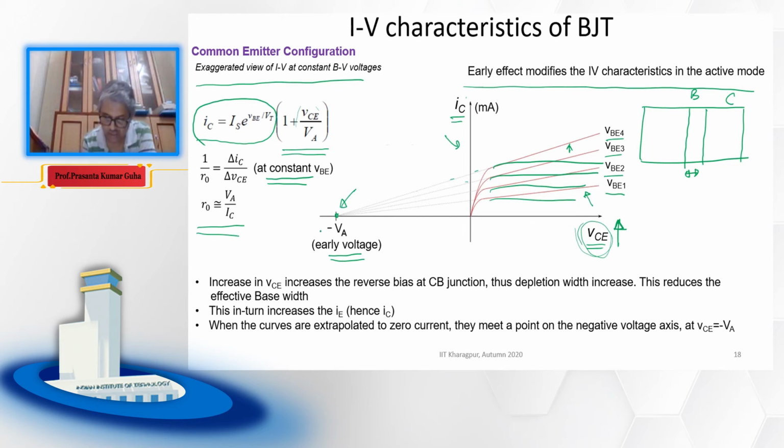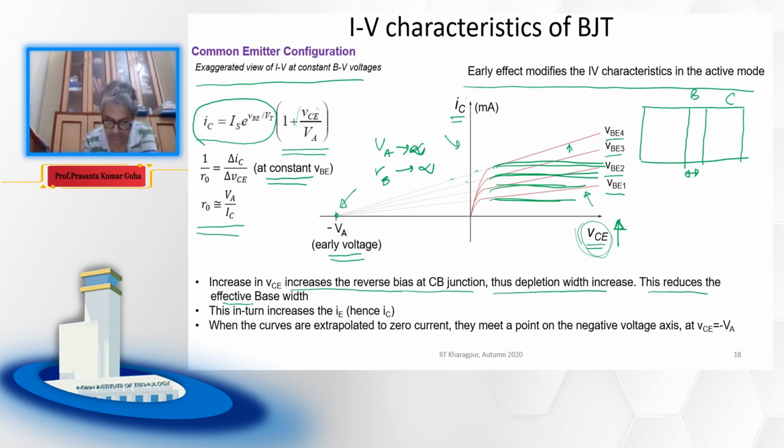And if we consider VA as infinity, if the curves are flat like the lines I have drawn, then r0 tends to infinity. So this is what I have mentioned in these lines. Increase in VCE increases the reverse bias of the collector-base junction, and thus the depletion width increases.